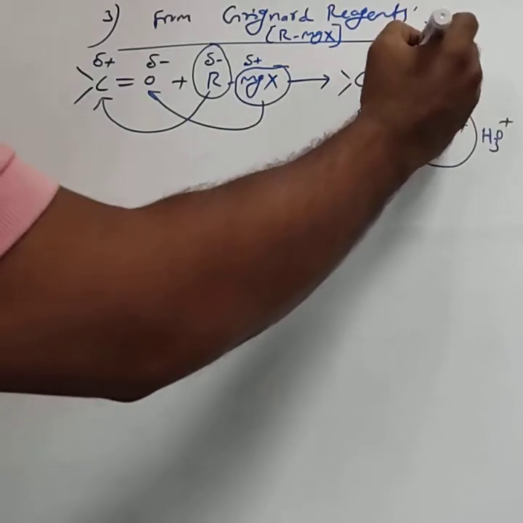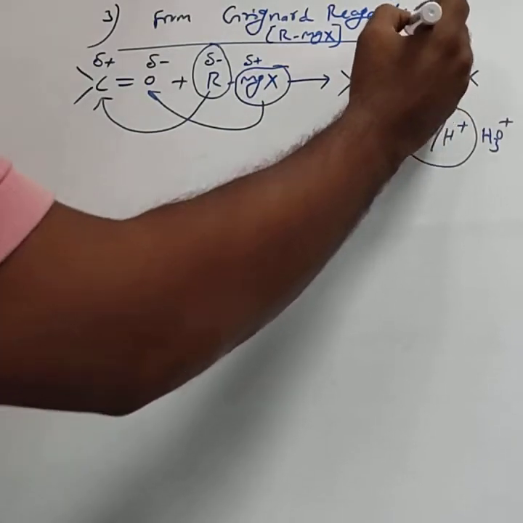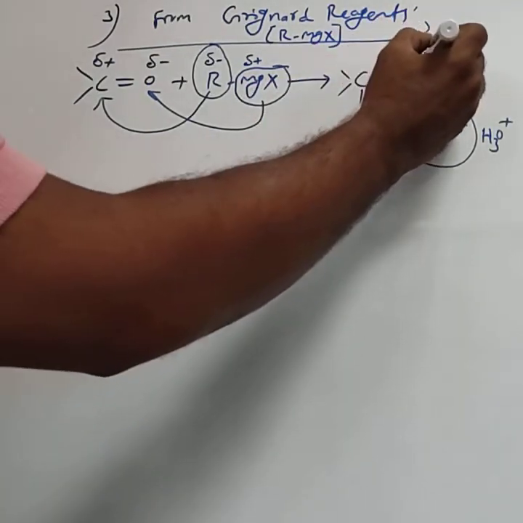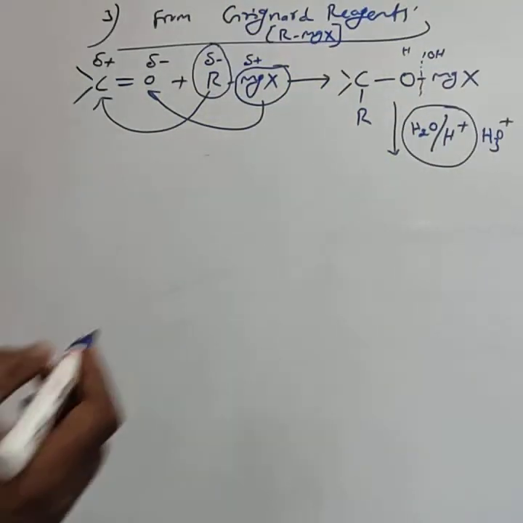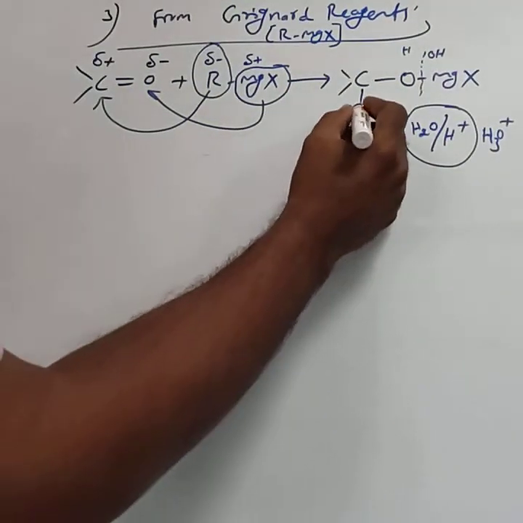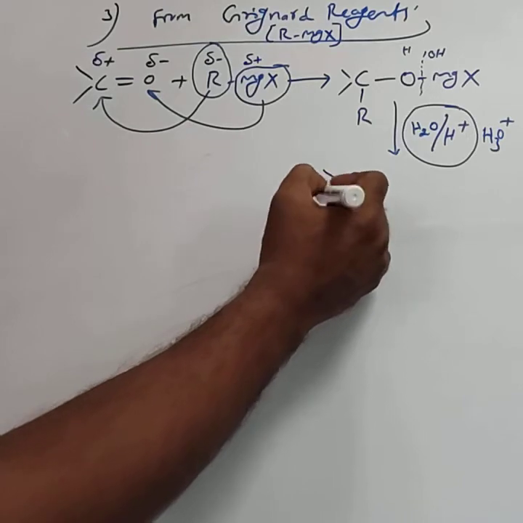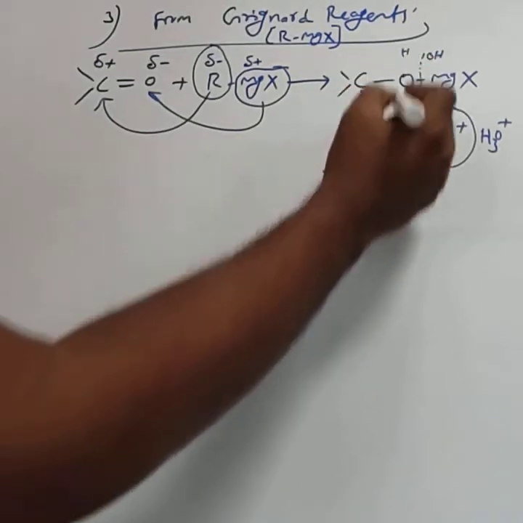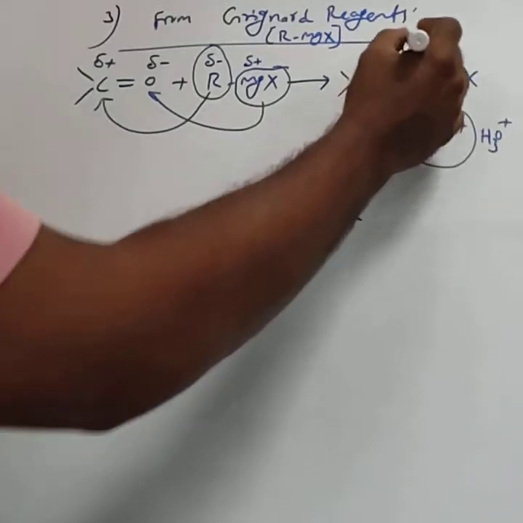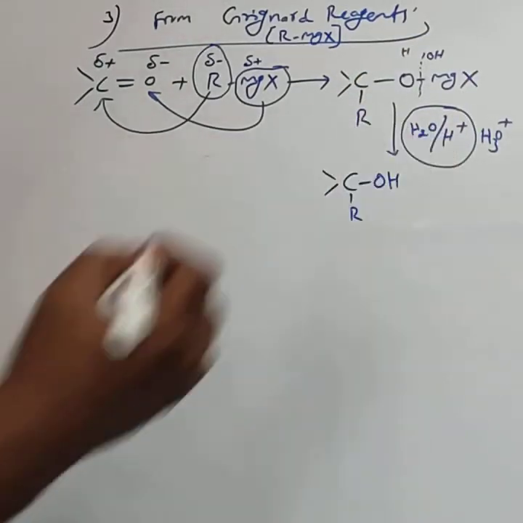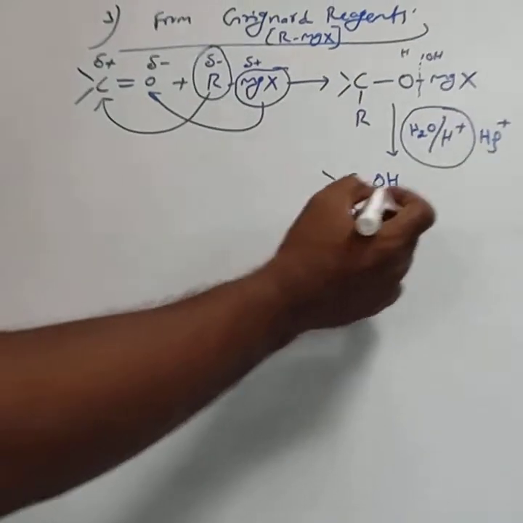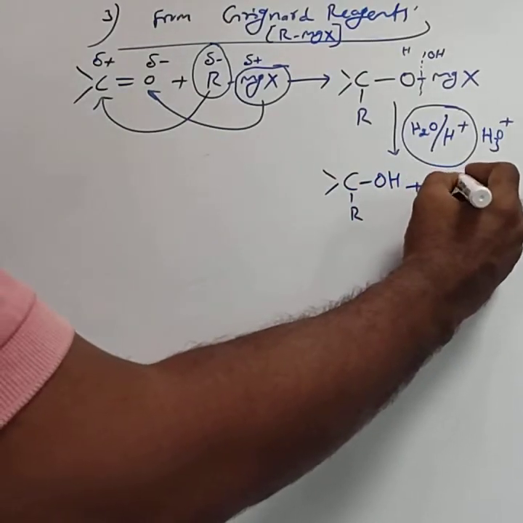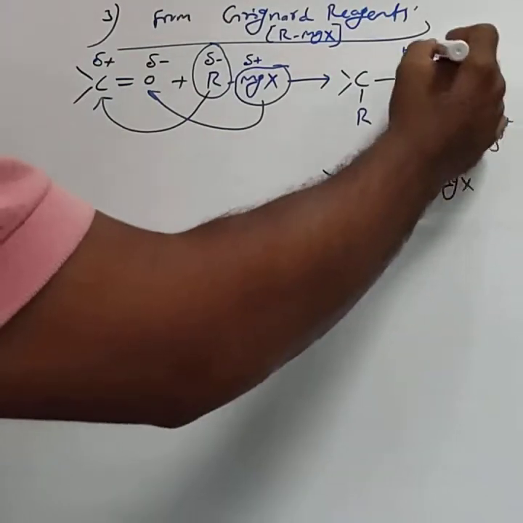From the water, hydrogen is added to this O and OH is added to the MgX part. The product formed is C with R, and O with H added. This is the alcohol, and the other product is MgX OH.